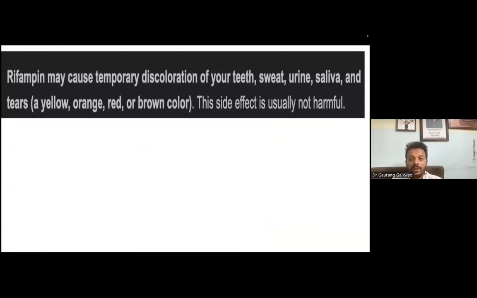But there is an allopathic medication, rifampicin. If a child had tuberculosis and has taken anti-tubercular treatment, which may include rifampicin, streptomycin, ethambutol, etc., because of that also the teeth can become yellow.